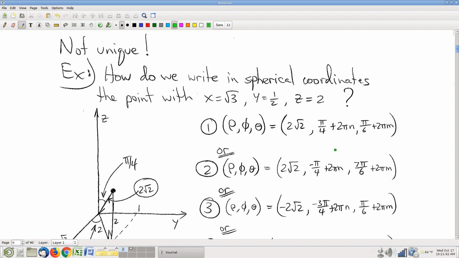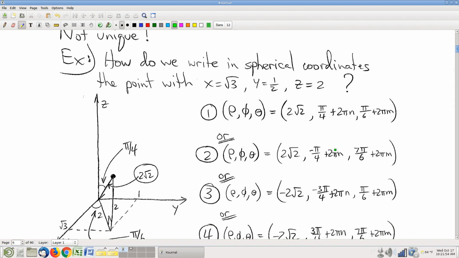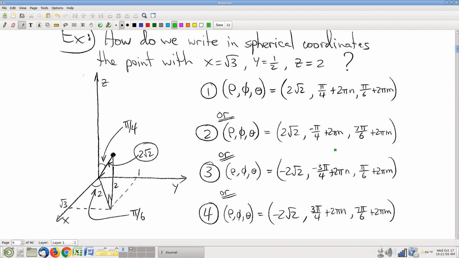With polar coordinates, there were what I'm loosely going to call two sets of polar coordinates, one where rho is positive, the other where rho is negative. Well, there are 4 with spherical coordinates, and it's some sort of geometric gymnastics to make the realization as to how that works. And here's an example.